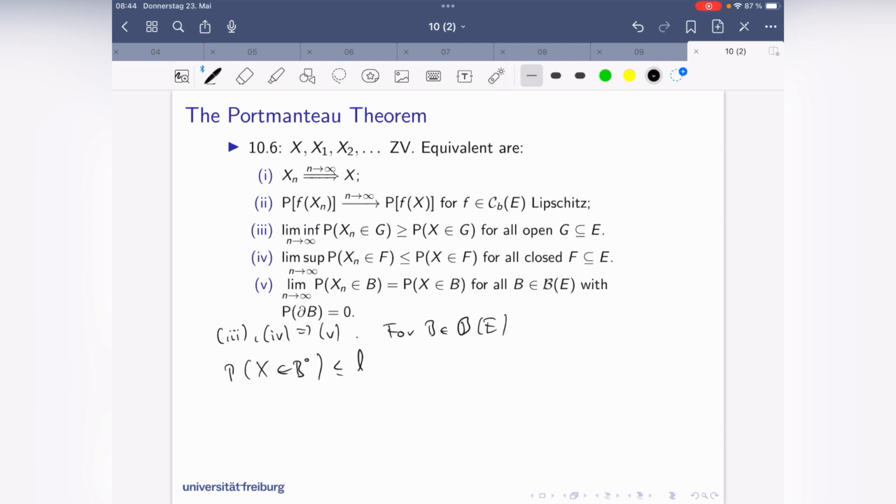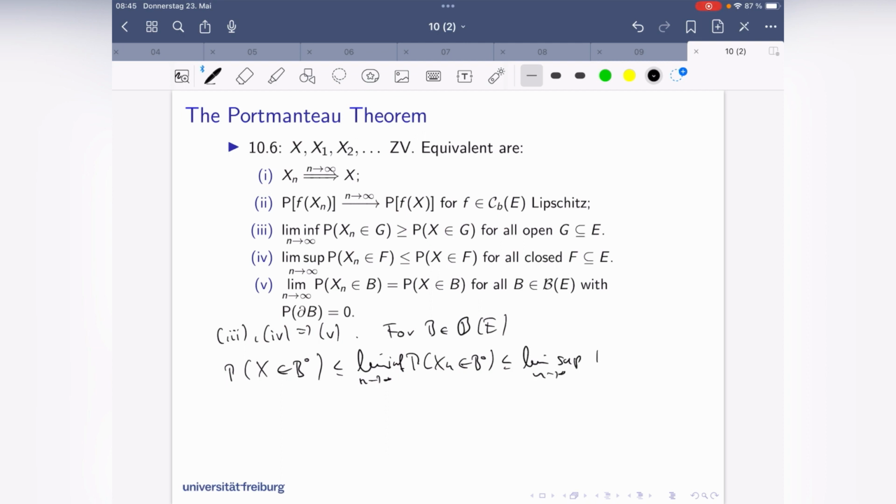It's more or equal to lim inf n goes to infinity, pi xn in the interior of B. This here is obviously bounded from above by the lim sup, n goes to infinity.